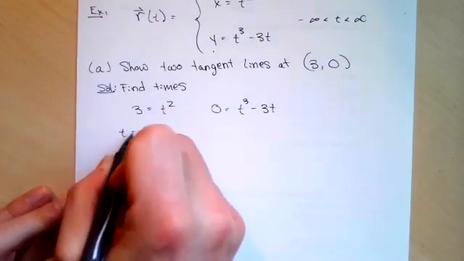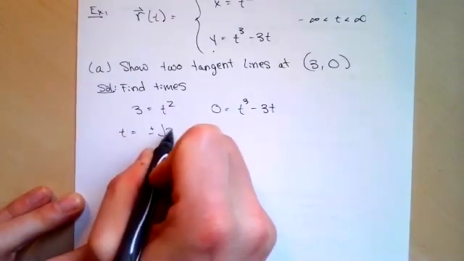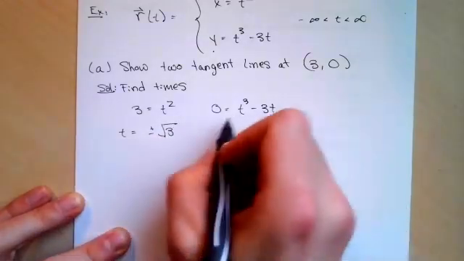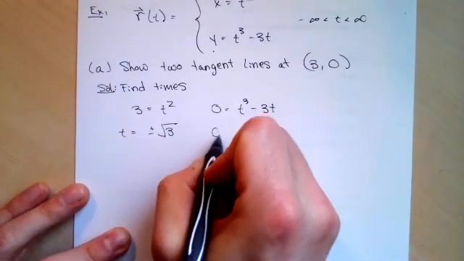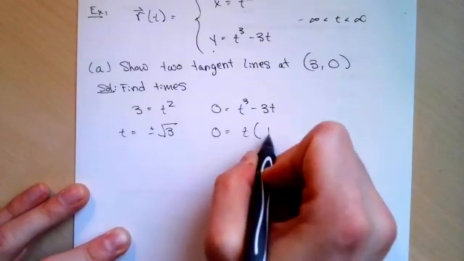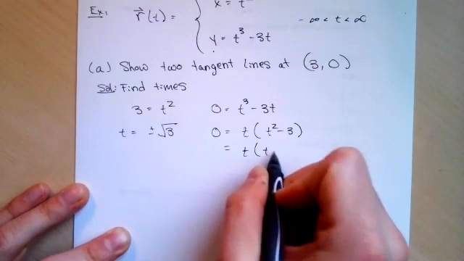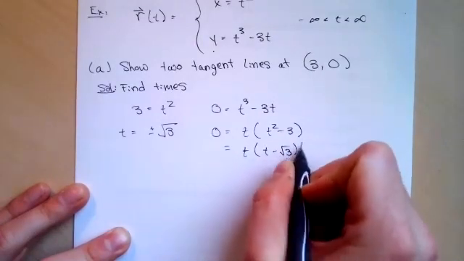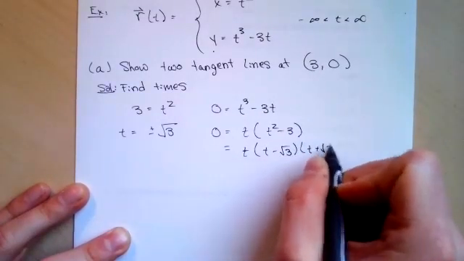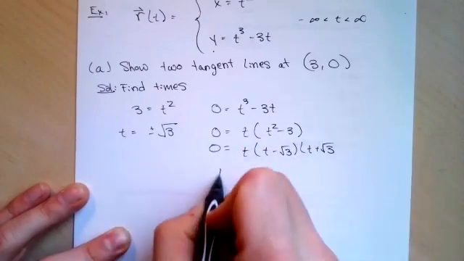So this one we should get t is equal to plus or minus square root of 3. And this one, when we factor it out, we get 3 different times.